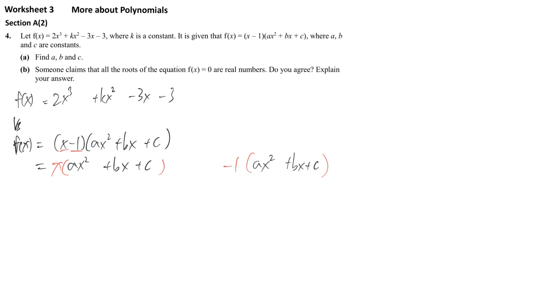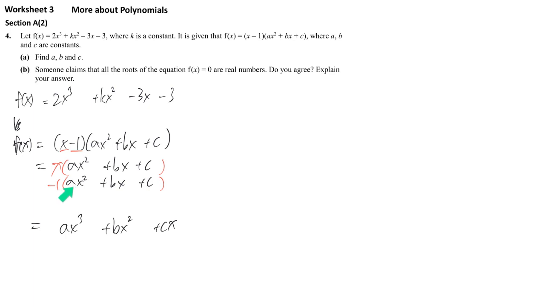But I seldom ask my students to write in this way. I ask them to write in two rows. So negative 1 here, and then something, ax^2 plus bx plus c. In the first row, every term we have to times x, so we have ax^3, bx^2, cx.